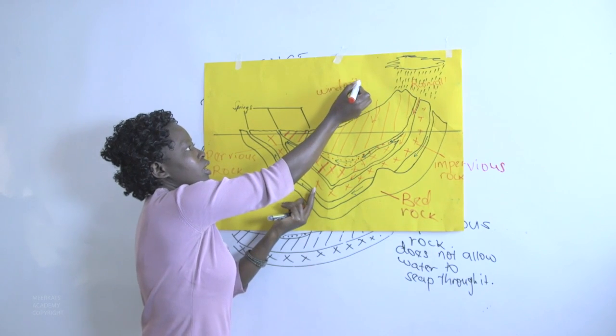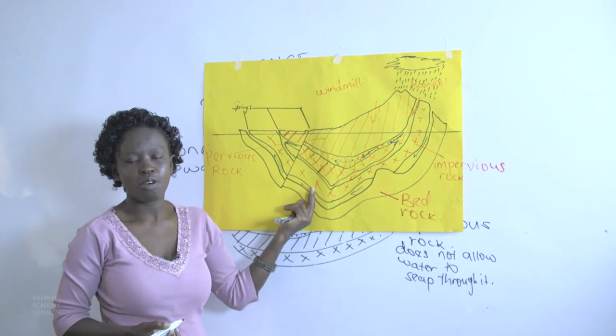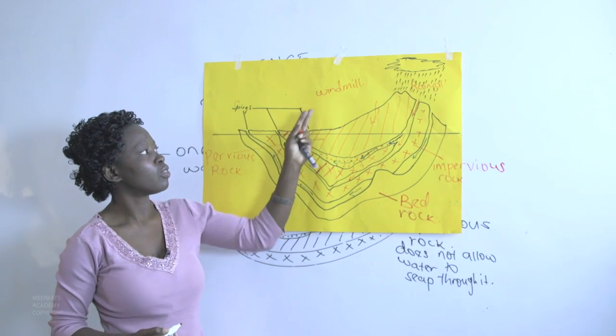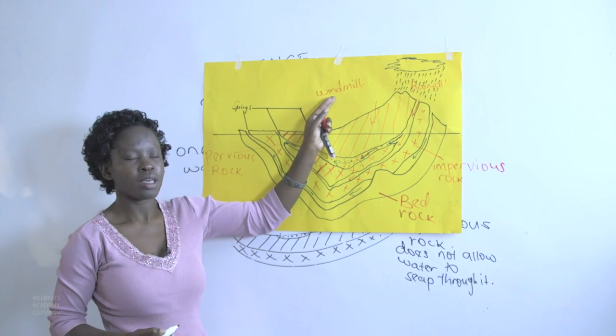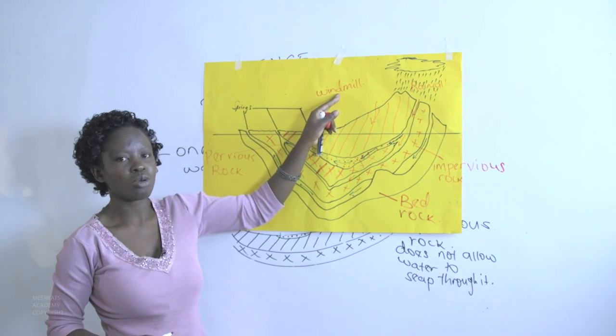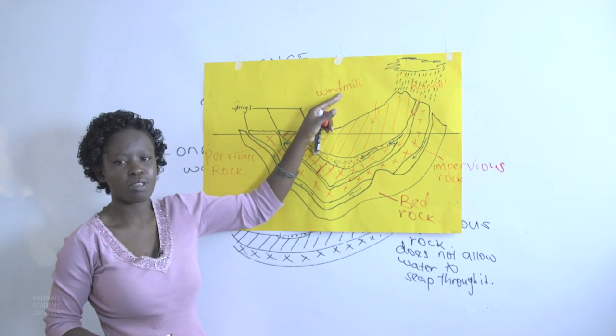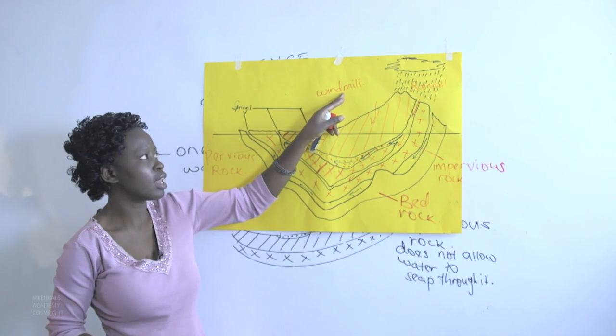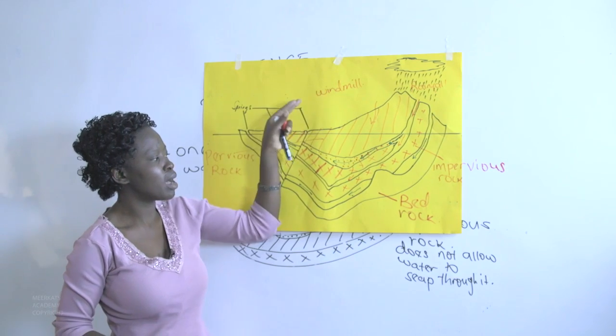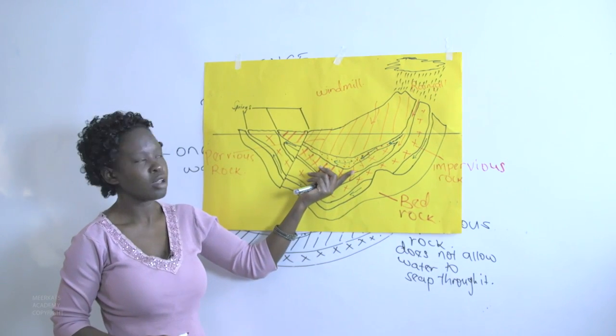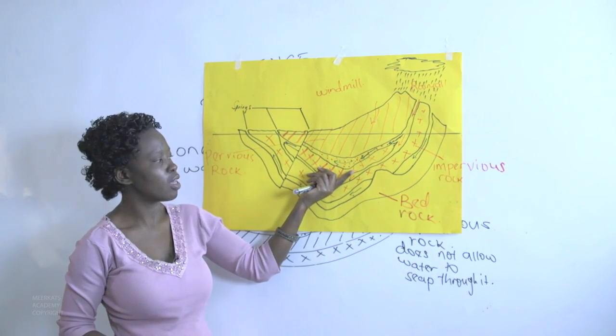When we were looking at the sources of energy, we talked about the windmill being one of the instruments used to pump water onto the surface of the earth in Australia, supplying water to the largest part of Australia.